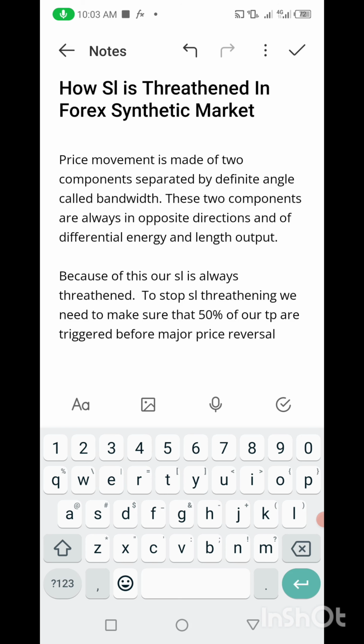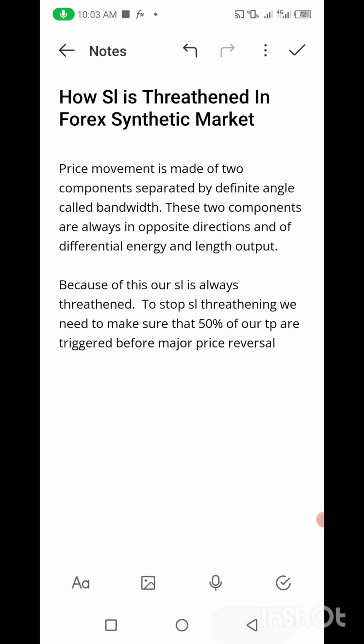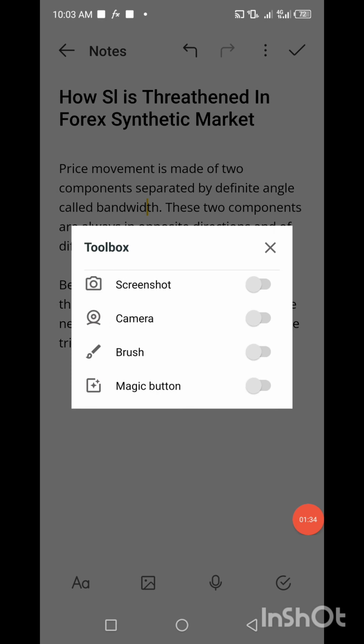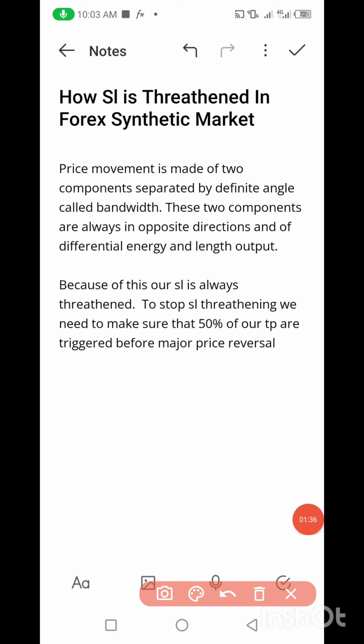Okay, now look at this thing in practical terms. A typical price movement, whether ranging or trending, will be like this.